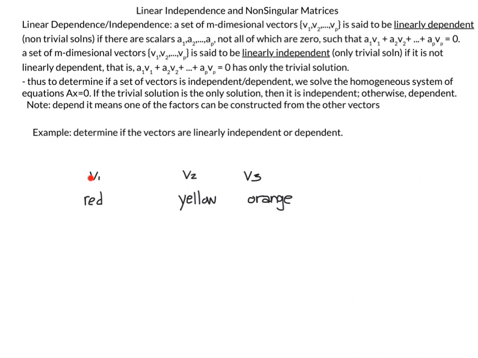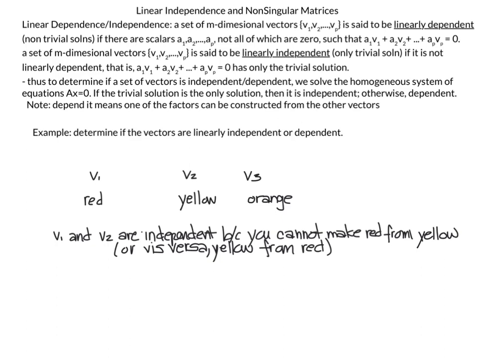So let's say we have three vectors, v1, v2, v3, and let's say v1 represents the color red, v2 represents the color yellow, and v3 represents the color orange. Then I would say v1 and v2 are independent because you can't make red from yellow or vice versa. But you can make orange from yellow and red, so I would say orange is dependent on red and yellow.